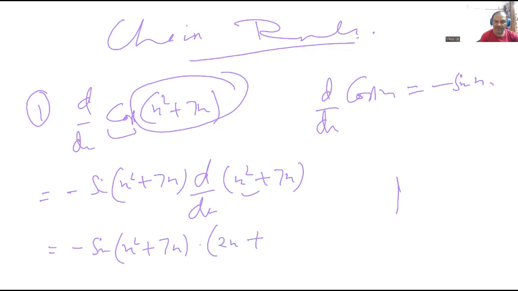And if you differentiate 7x, it will give you 7. You have to differentiate both terms, x squared and 7x. Now your answer will be 2x plus 7. And the minus will remain here, and this is sine of x squared plus 7x. Okay? Fine. Let's do some more questions.